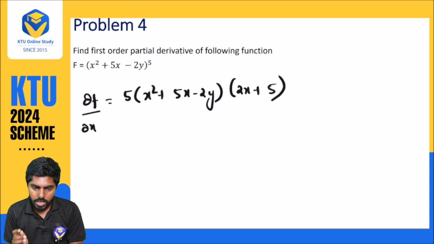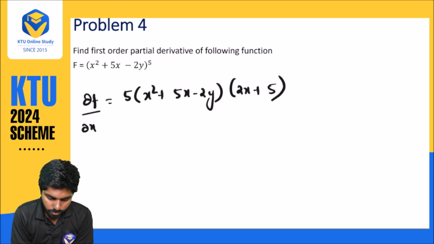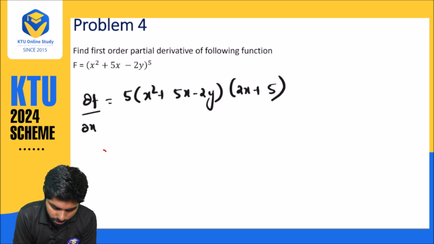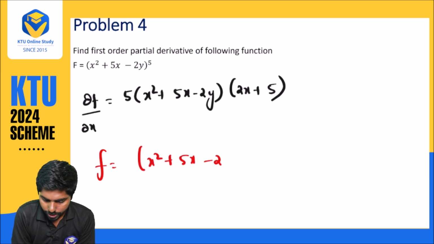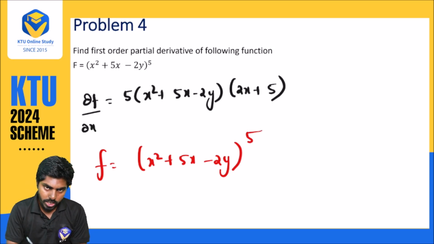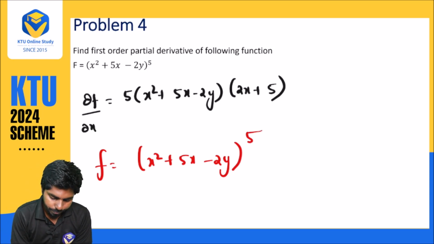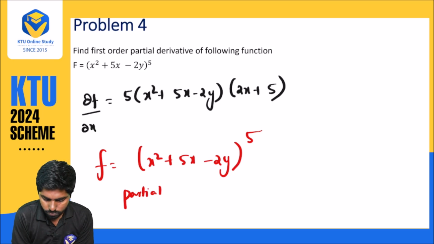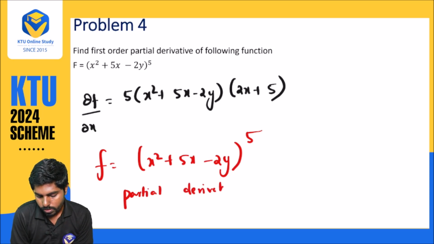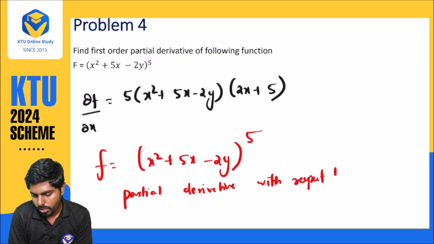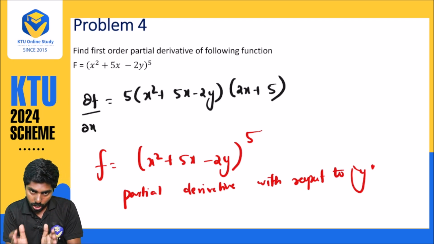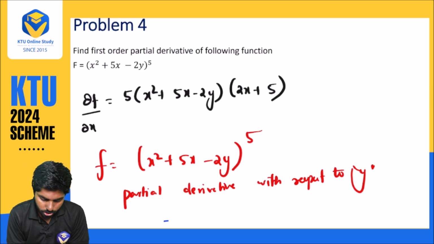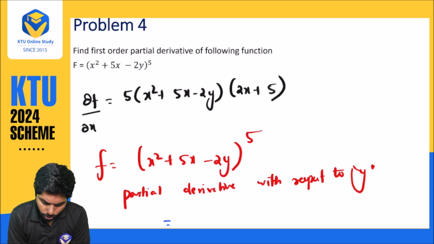Now the partial derivative with respect to y. See, f is equal to (x square plus 5x minus 2y) power 5. Now in the outside of the bracket we want to complete, and just observe that y is there.